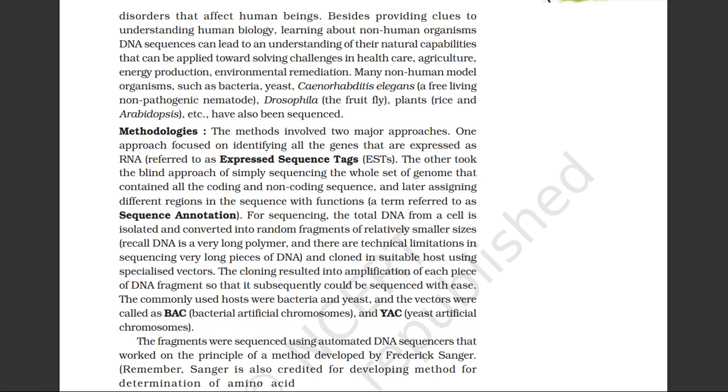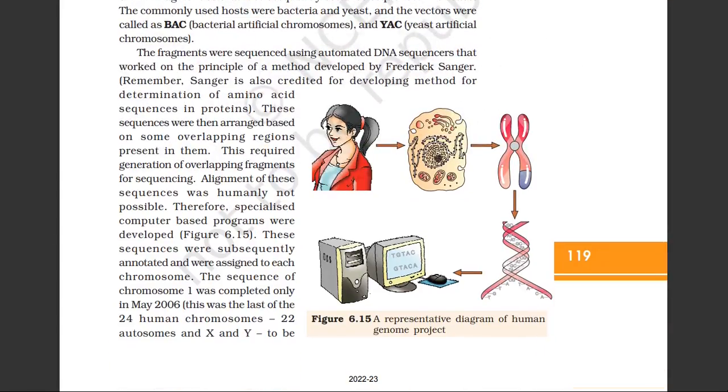The commonly used hosts were bacteria and yeast, and the vectors were called bacterial artificial chromosomes, and yeast artificial chromosomes. The fragments were sequenced using automated DNA sequencers that worked on the principle of a method developed by Frederick Sanger. Remember, Sanger is also credited for developing method for determination of amino acid sequences in proteins.